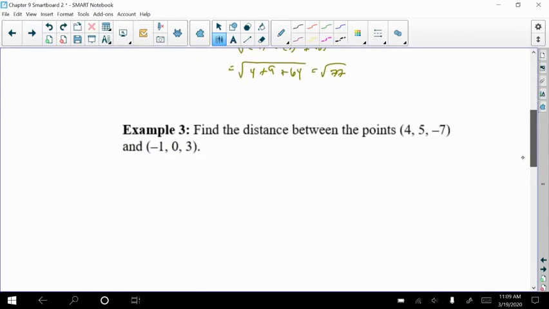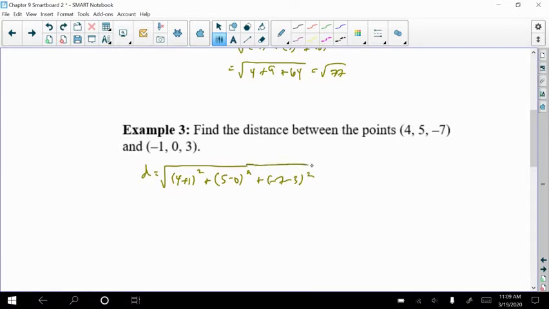Now, finding the distance between these two points is the distance formula, just extended to one more dimension. One way to think about this is 4 minus negative 1 squared, plus 5 minus 0 squared, plus negative 7 minus 3 squared.